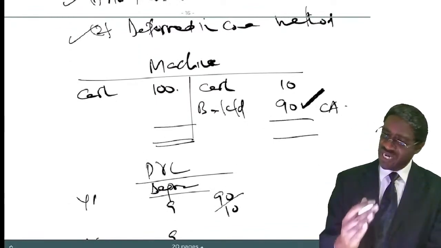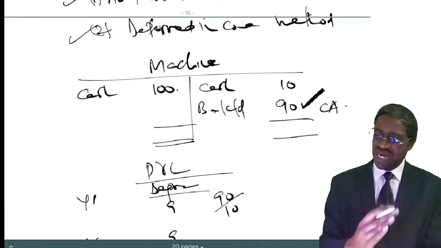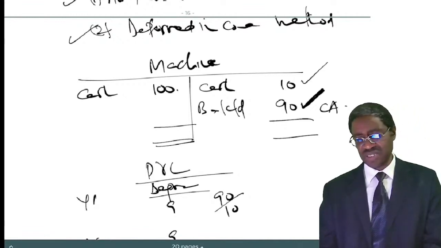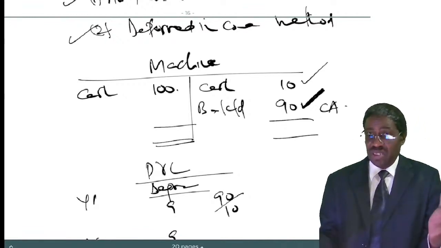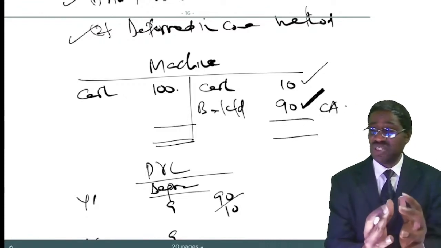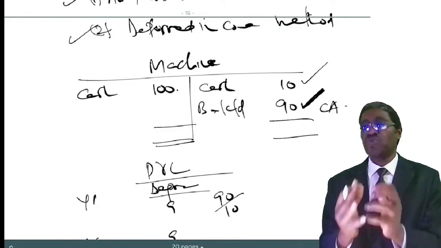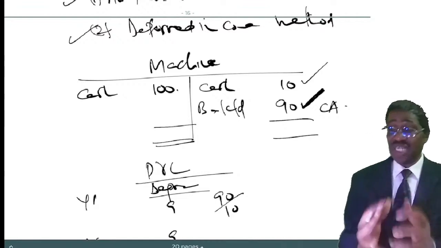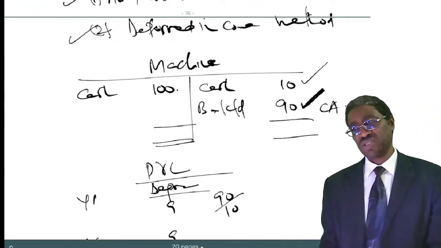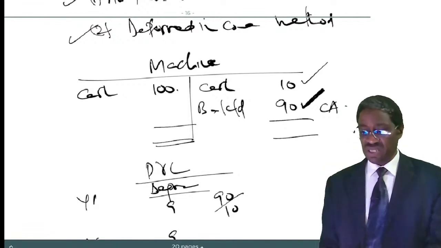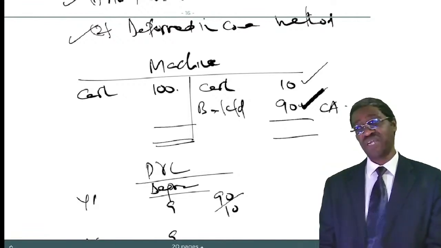When you received the grant, you debited cash, you credited the asset. That means you just offset. When you bought the machine, you debited machinery, credited bank. When you received the grant of 10 million, you decided as a company to debit bank, credit the machinery. That means you netted. That way, you remained with a balance of 90.